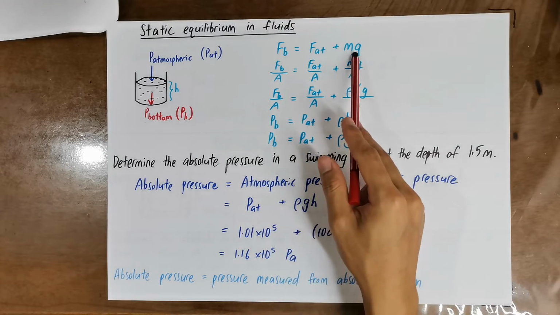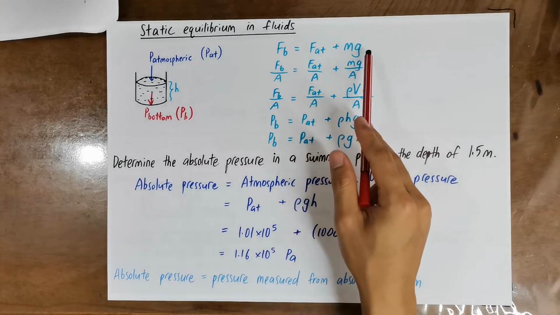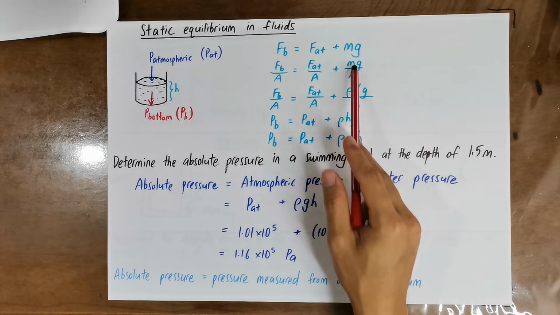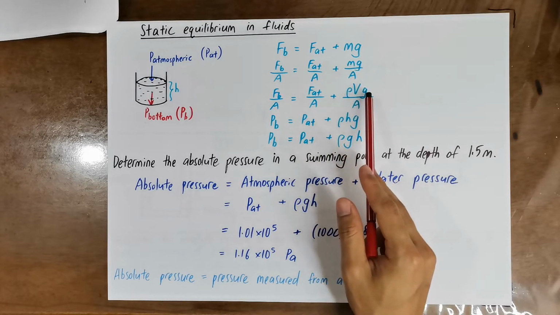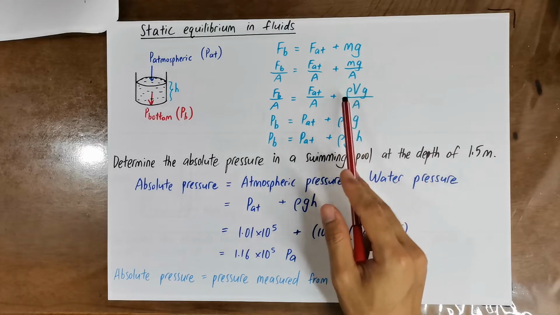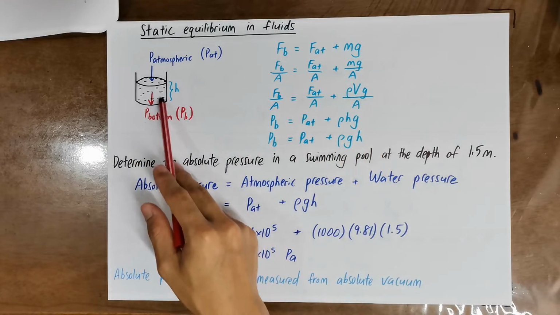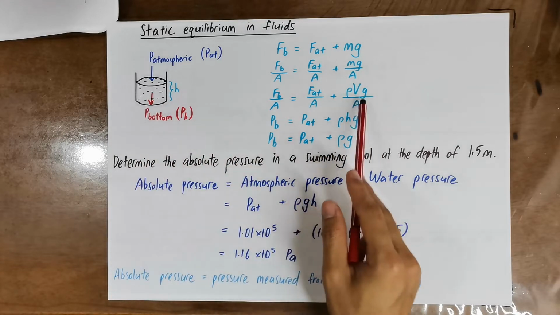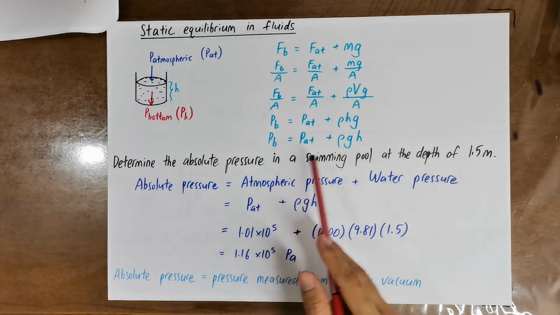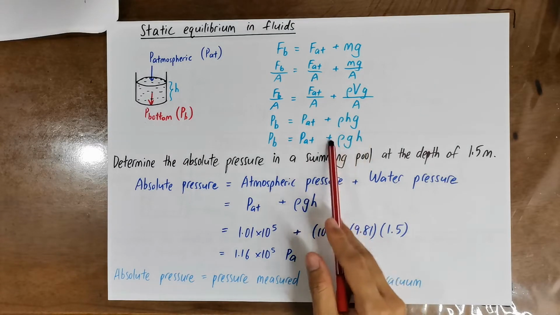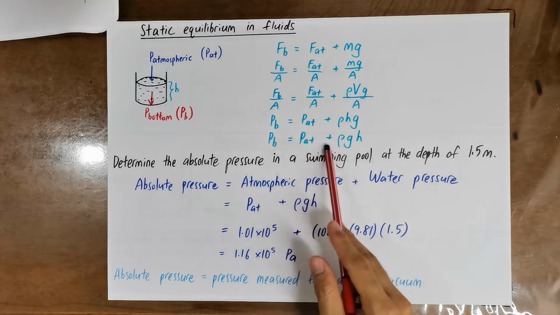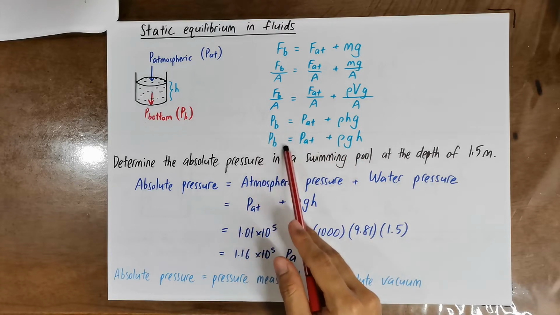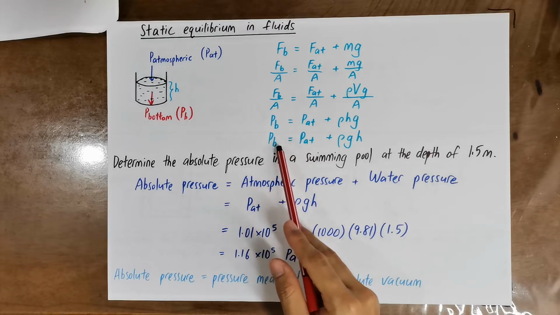The weight of the fluid is mg, and mass is equal to density times volume, and the volume divided by the circular area is the height of the water. So the water pressure is rho gh, the atmospheric pressure is PAT, and the pressure that you feel at the bottom is PB.